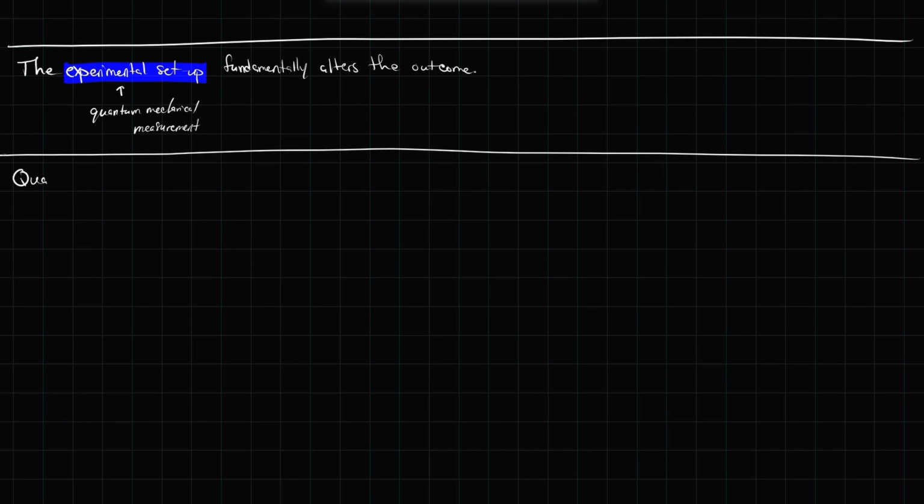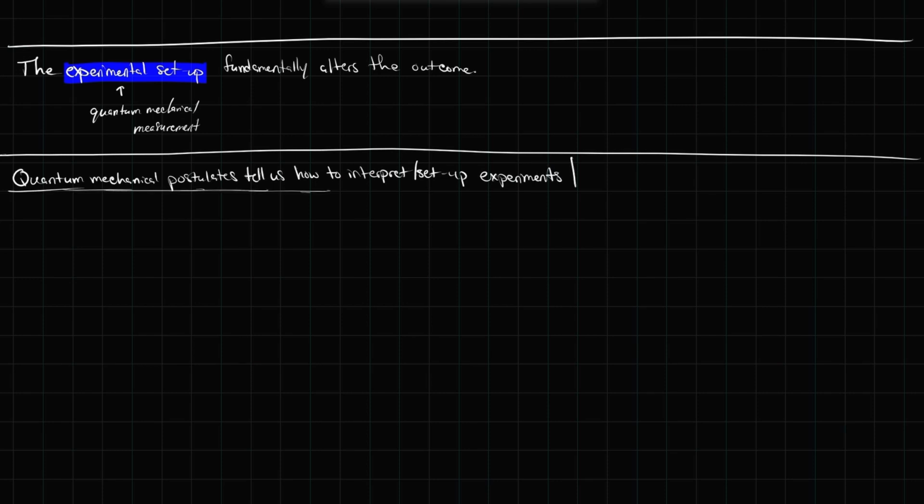So we have something called quantum mechanical postulates. They tell us how to interpret, and perhaps set up, experiments when the results of the experiments themselves depend on how we set the experiment up.